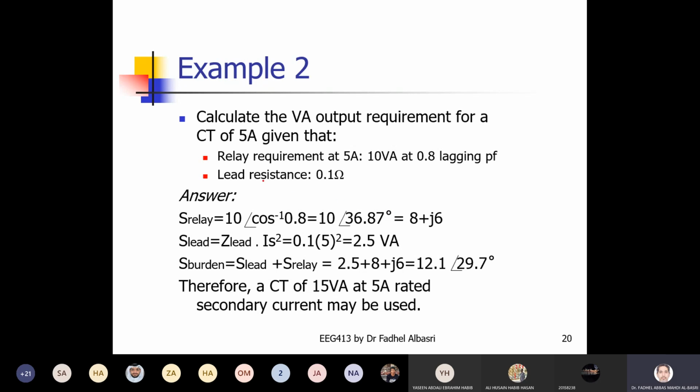This is another example. Suppose I have a CT and I want to select the suitable burden.